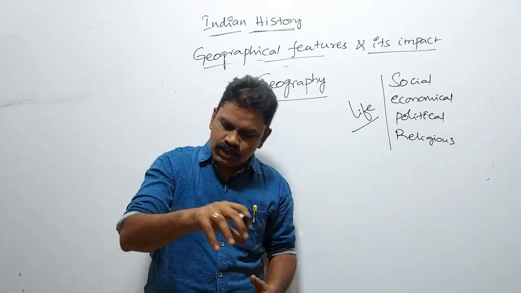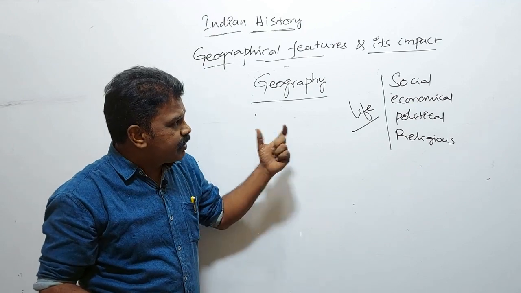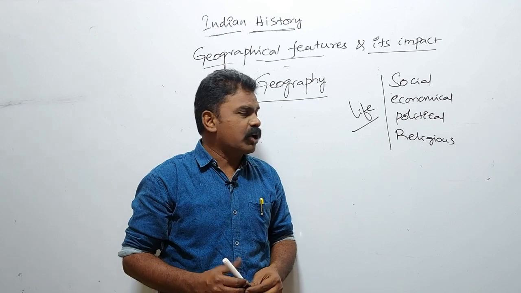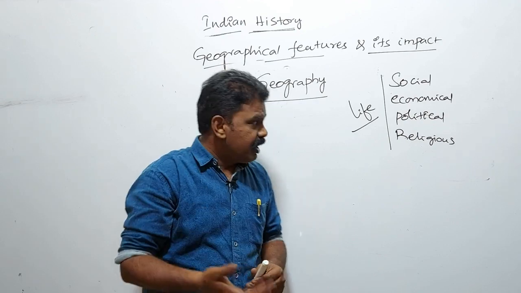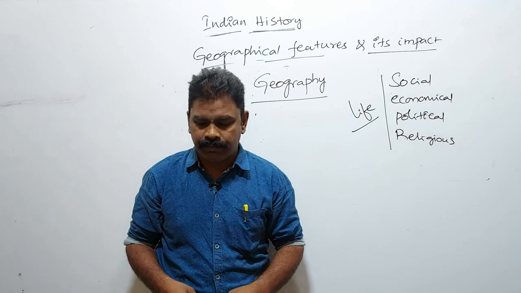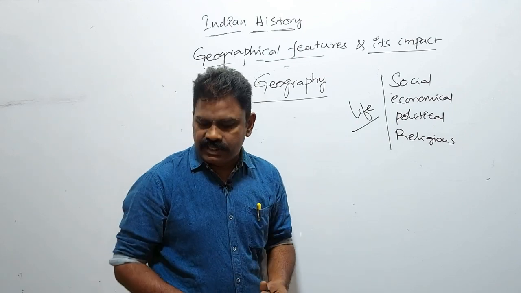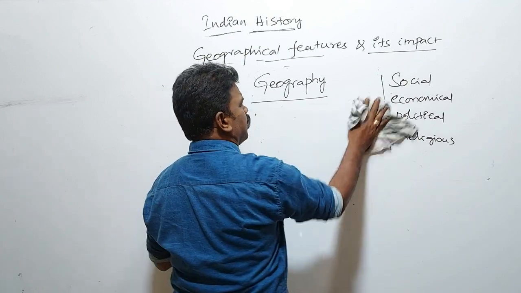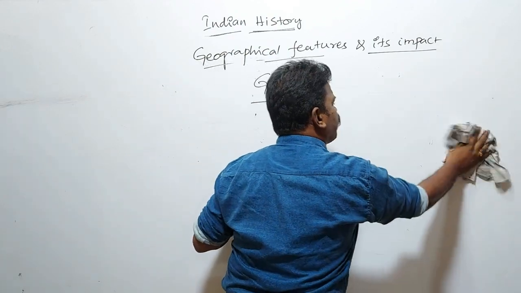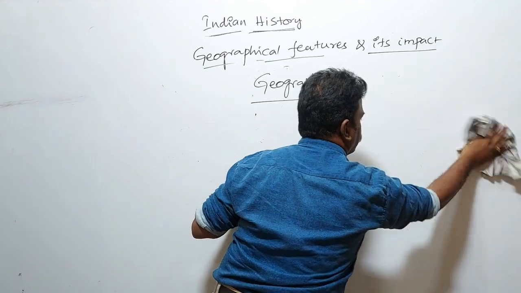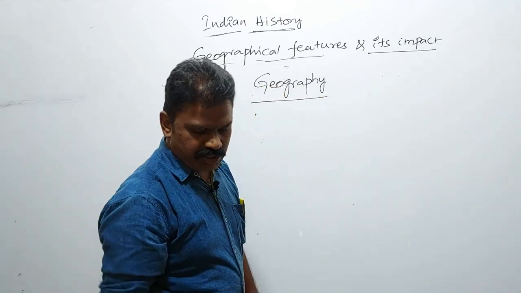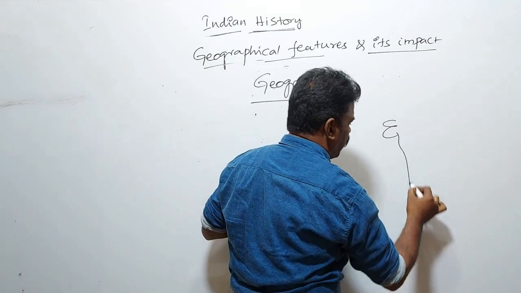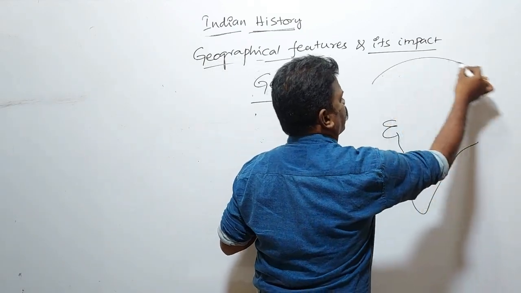In Indian history also, geographical conditions affected the society, economy, political system of India, as well as the religious conditions of India. Coming to the Indian subcontinent, it is a well-defined geographical unit.